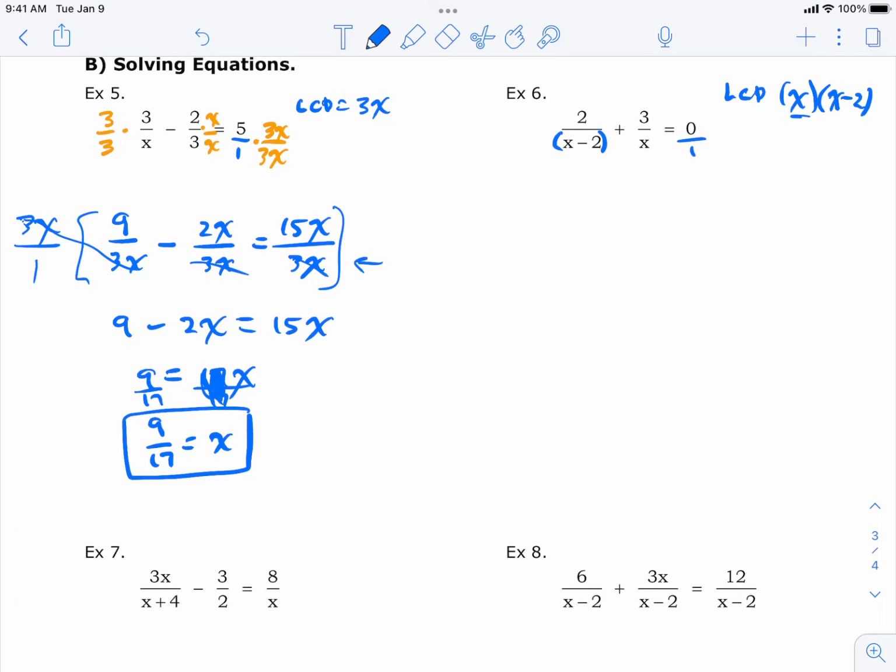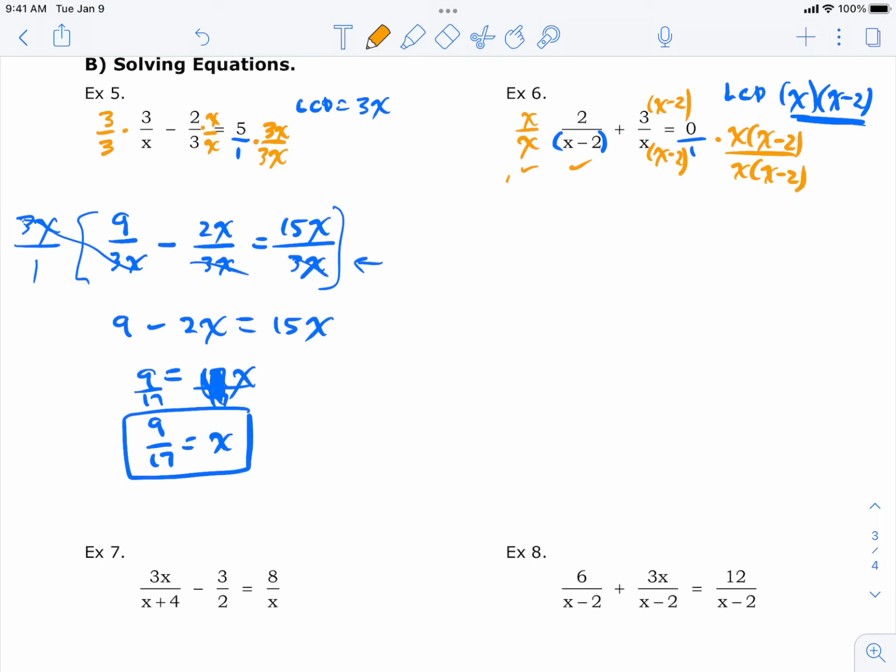How do we change these rational expressions? This one's going to need to be multiplied by x over x. That way it has both the x and the x minus 2. This one's going to have to be multiplied by x minus 2 over x minus 2. And then this one's going to have to be multiplied by both x and x minus 2.